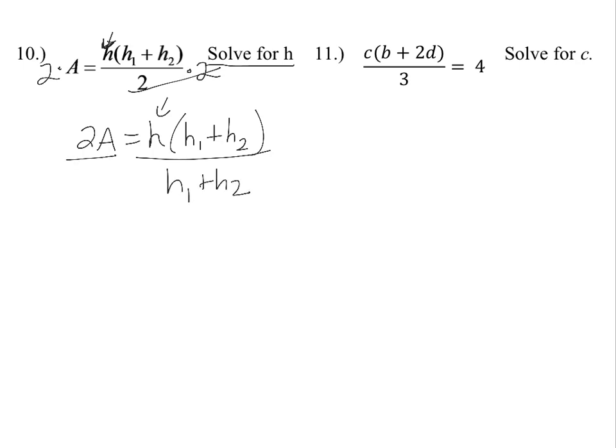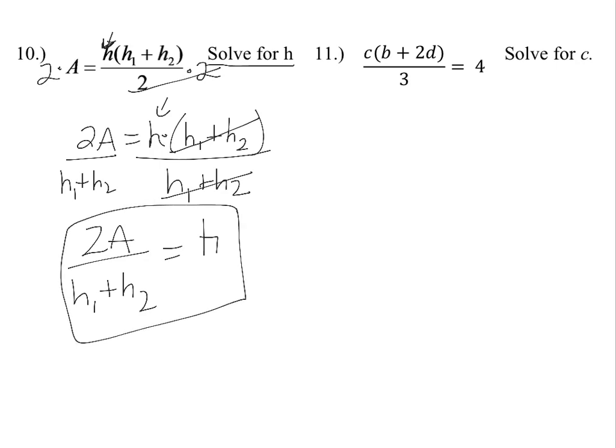And do that on the other side, h sub 1 plus h sub 2. And if you think about it, this and this will cancel out, because it's being multiplied by the h, you're allowed to cancel things out. All right, so then your answer here is going to be 2a over h sub 1 plus h sub 2 equals h. And you're done.